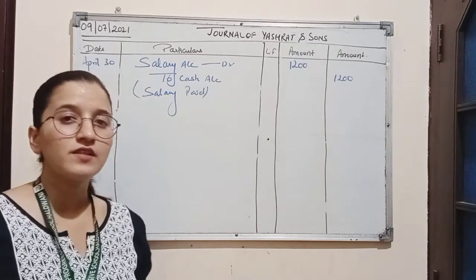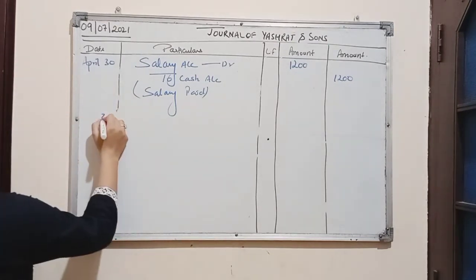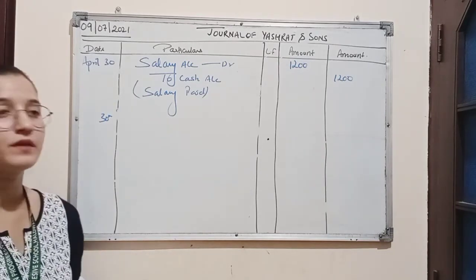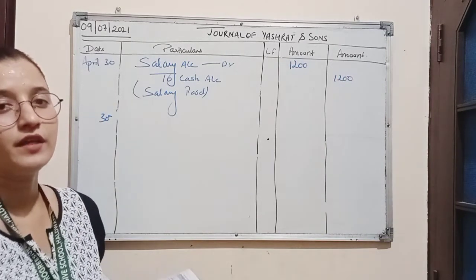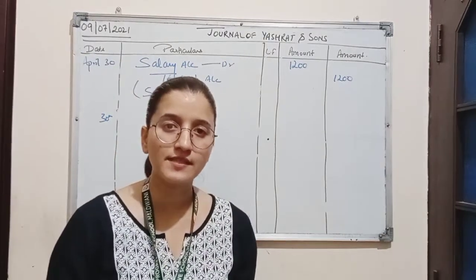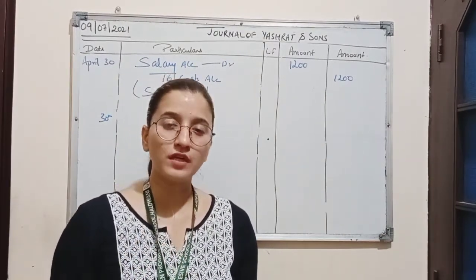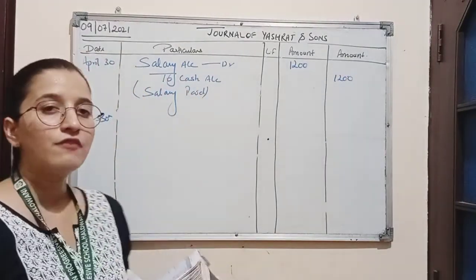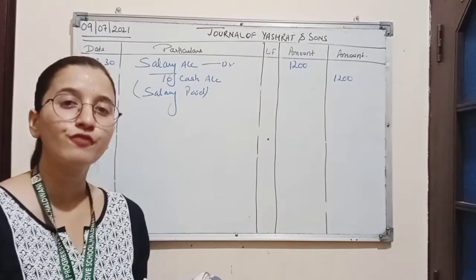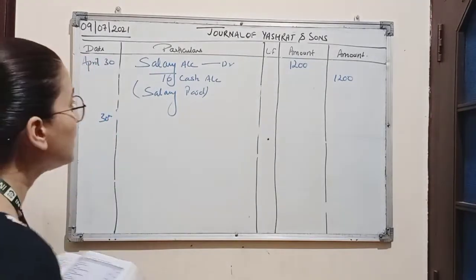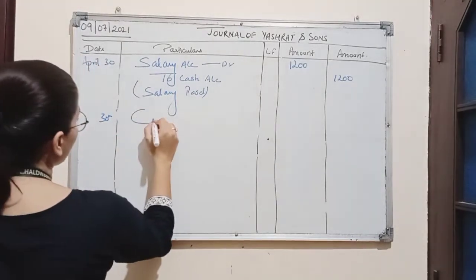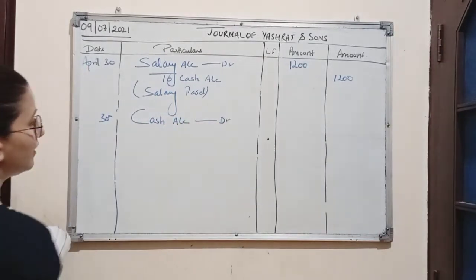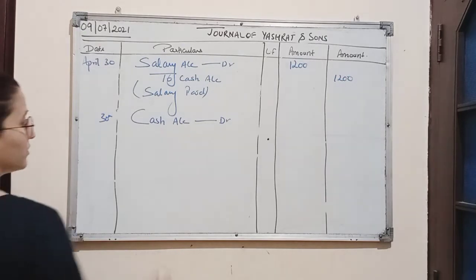Next transaction is on 30th April. Received commission amounting to rupees 200. Now here commission received is considered as an income. Income as a real account is always credited. So here we have received the commission in the form of cash. That means cash is coming in the business. According to real account rule, which is debit what comes in, we will debit cash account.